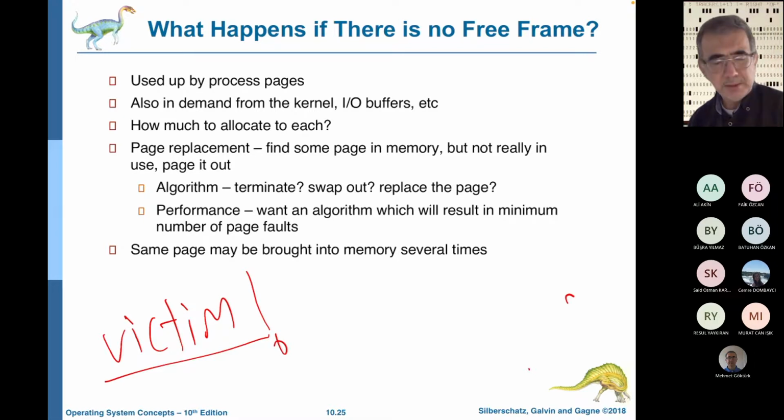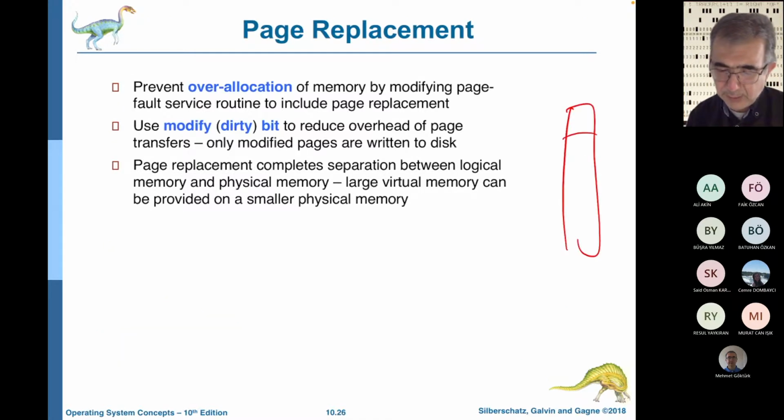So page replacement prevents too much allocation of the memory, and it uses the dirty bit to reduce overhead of page transfers. Only modified pages are transferred to disk, and page replacement completes the separation between logical memory and physical memory. Therefore, large virtual memory can be provided on a smaller physical memory using page replacement algorithms, because normally you have a smaller physical memory.